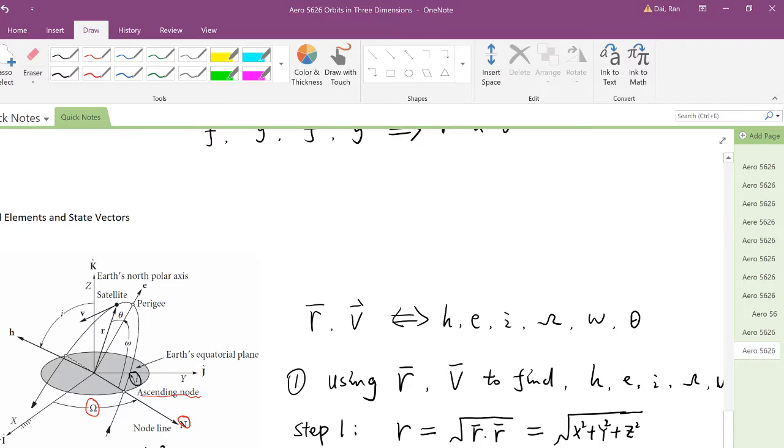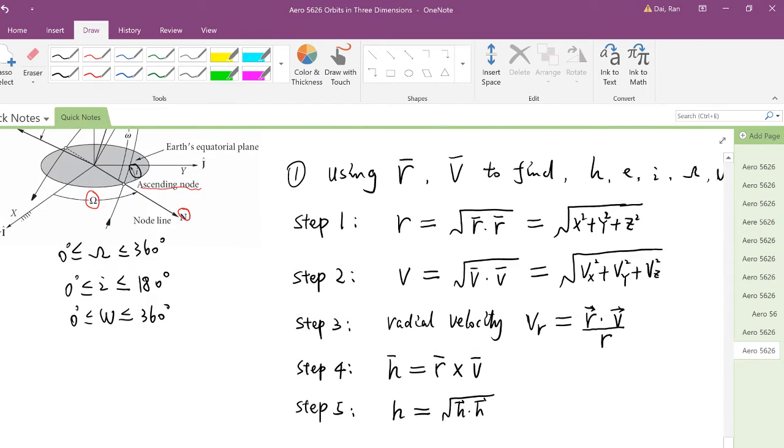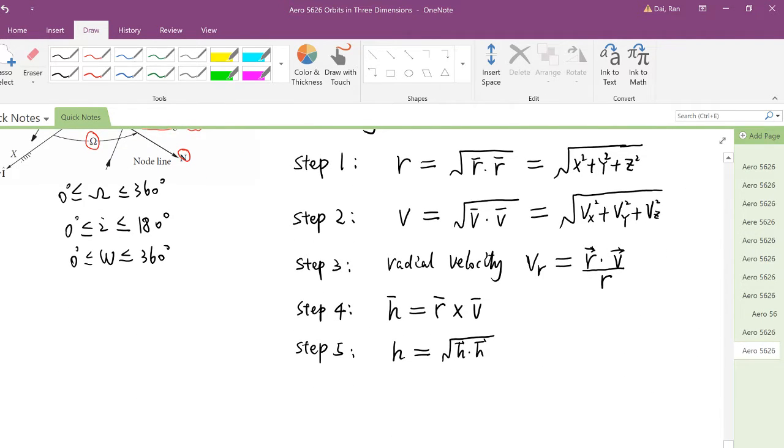We also said this is because the angular momentum vector is normal to the orbital plane. Therefore, the inclination angle I is also the angle between the positive z-axis and the h vector. So step 6.